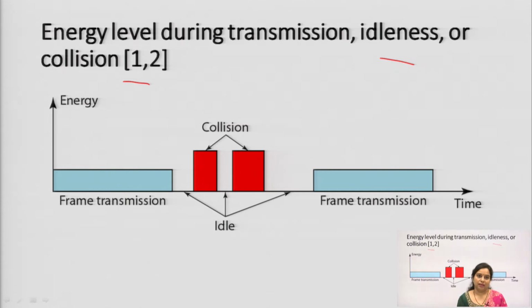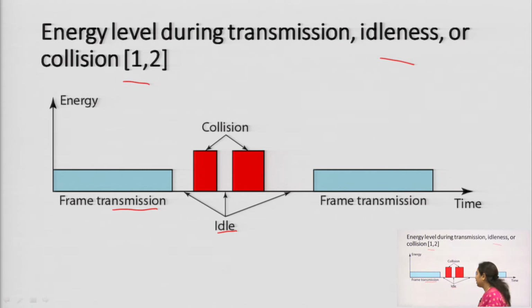Next is idleness, whenever the channel is idle, whenever it is not used for any kind of transmission. And the third case is frame transmission, meaning the actual transmission of the frame is going on. So, the energy level diagram is being shown over here.